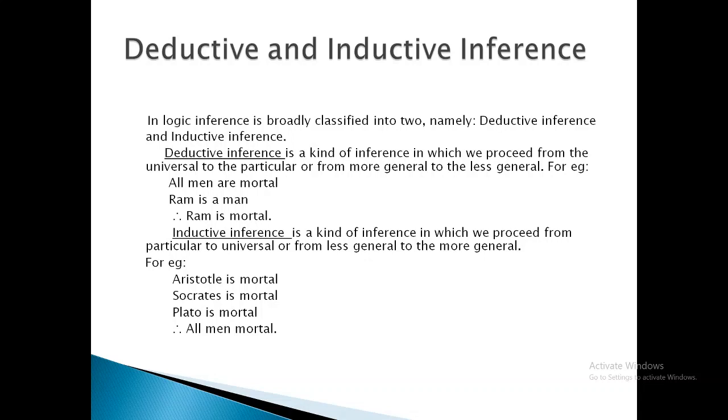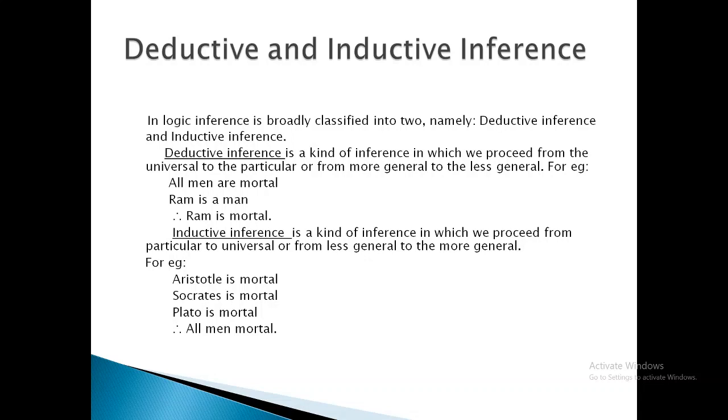It is not the case that really all men die. But still you are telling, without perceiving all, that men are mortal. You are inferring. How? By perceiving some. So, it is an inferential process.